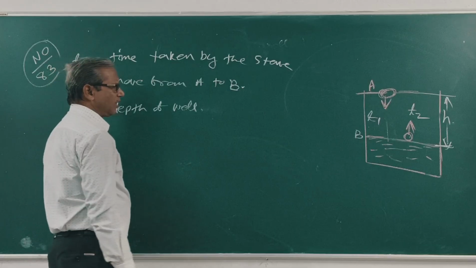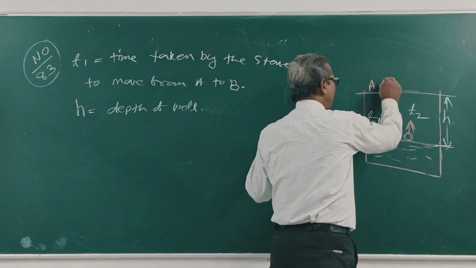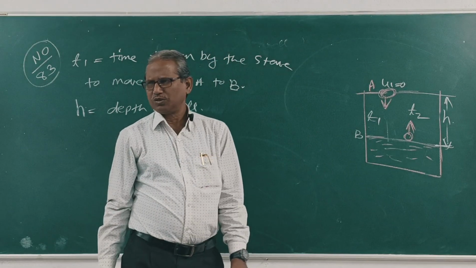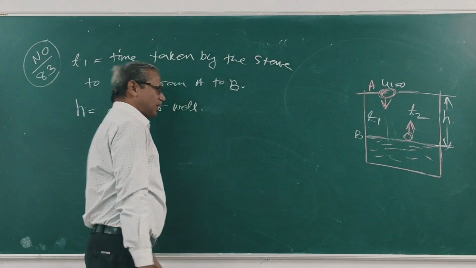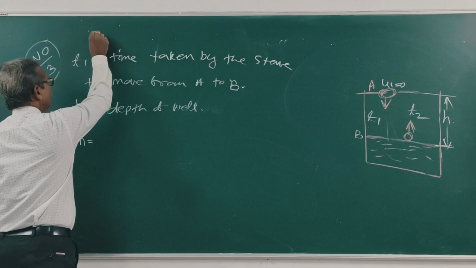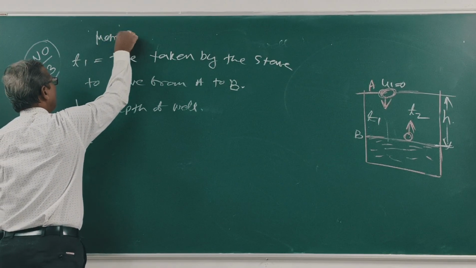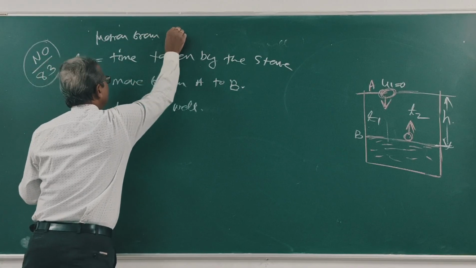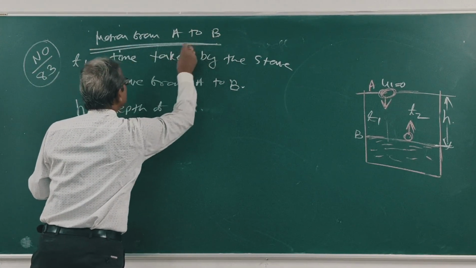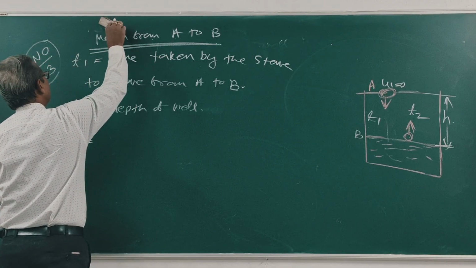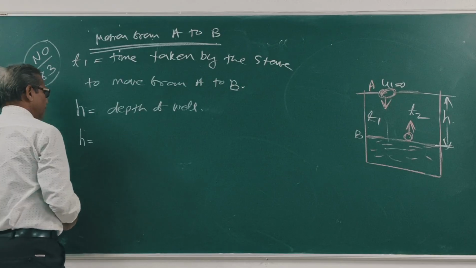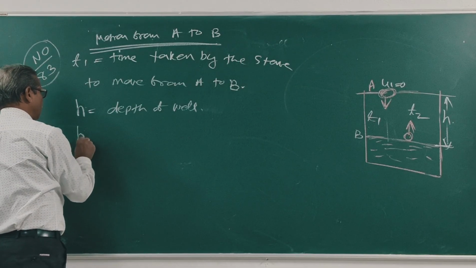At A, U1 is equal to 0. So what is H? Motion from A to B. H is the depth of the well.